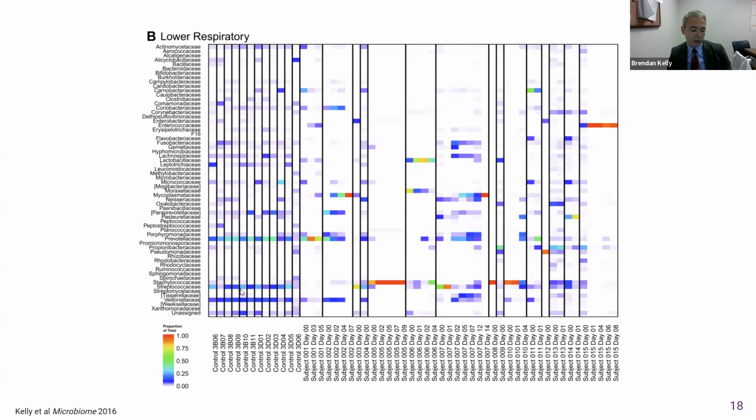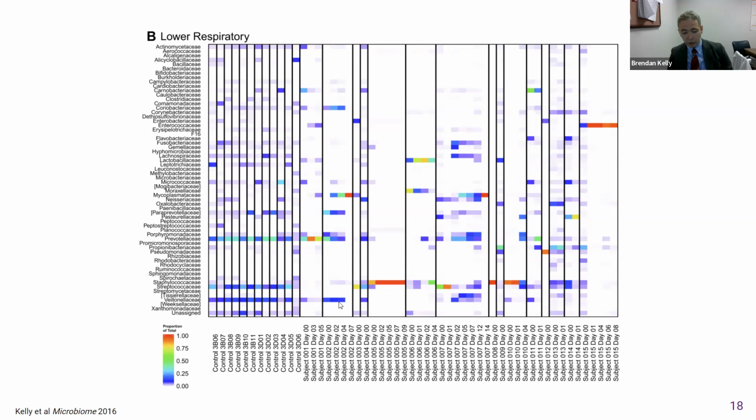So the control subjects have a bunch of different bacteria: Lactospiraceae, Leptotrichaceae, Moraxella, Prevotella, Streptococcaceae. Upper respiratory bacteria that we typically think of as associated with the upper respiratory tract had fairly low proportional abundance across a bunch of different families, in small abundances found in the lower respiratory tract, again, sampled via bronchoscopy.